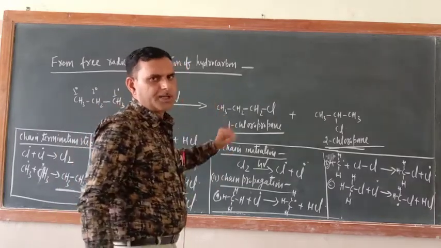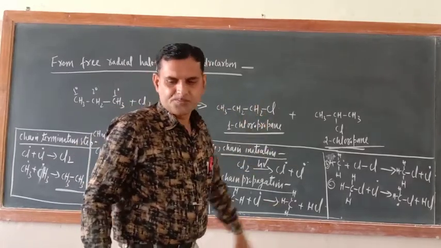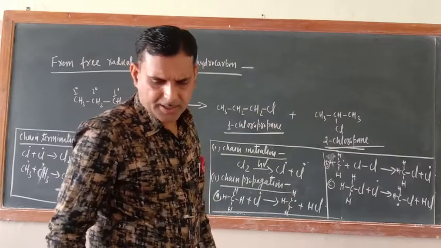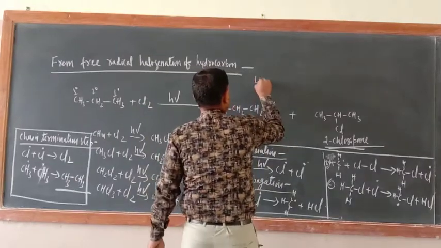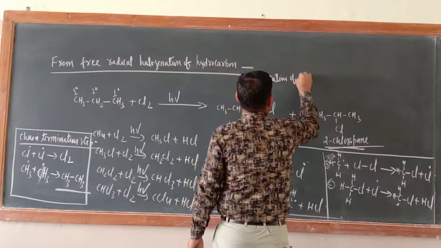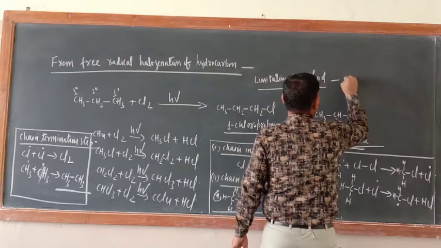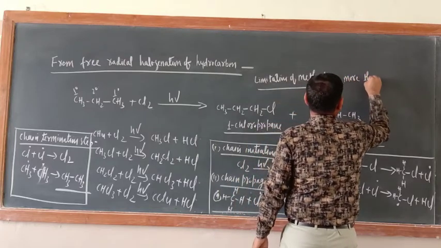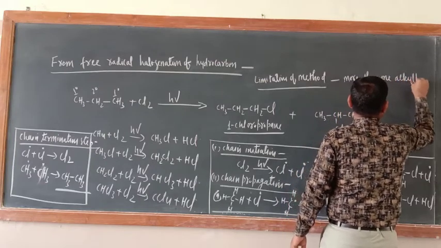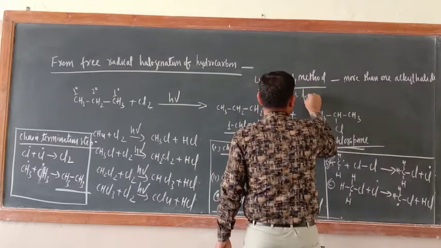So 1-chloropropane and 2-chloropropane are formed. Now here one important thing: this method is not used because a mixture of alkyl halides is formed. This is one limitation of the method.